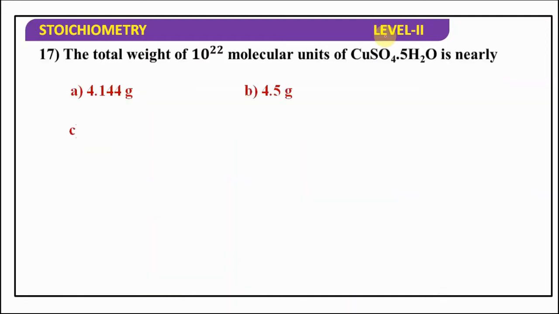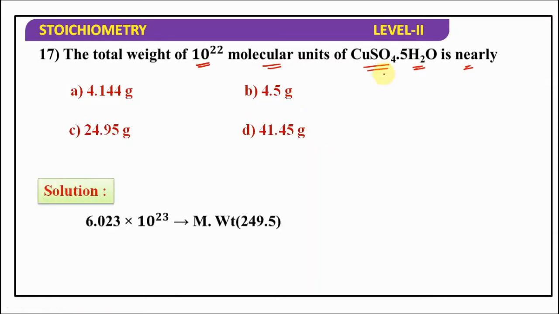Now, next question. The total weight of 10 raised to 22 molecular units of CuSO4.5H2O is nearly. Children, Avogadro number of molecular units, molecular weight is 249.5 for copper sulfate pentahydrate.